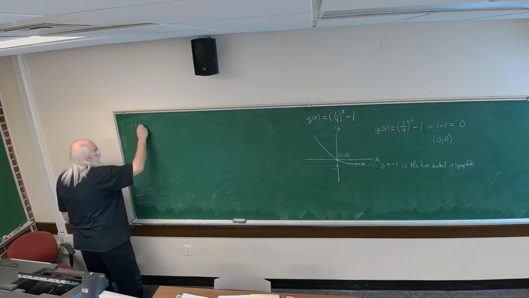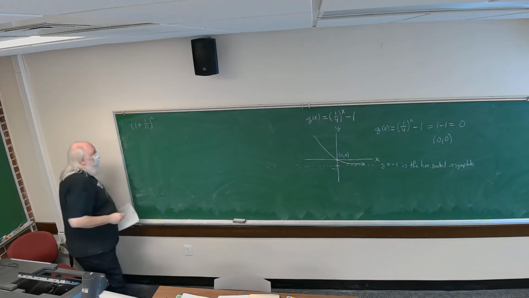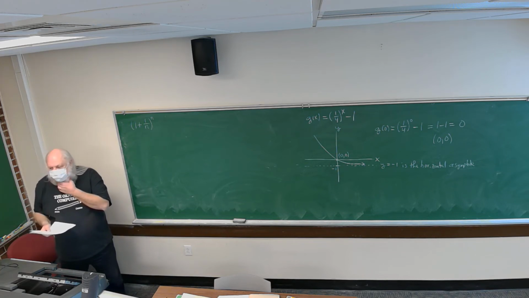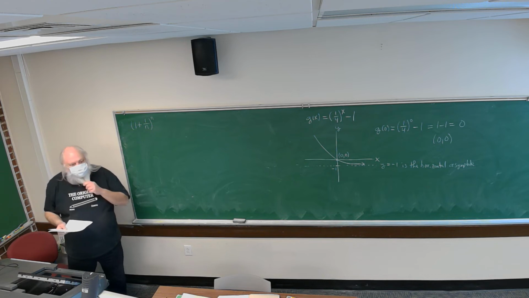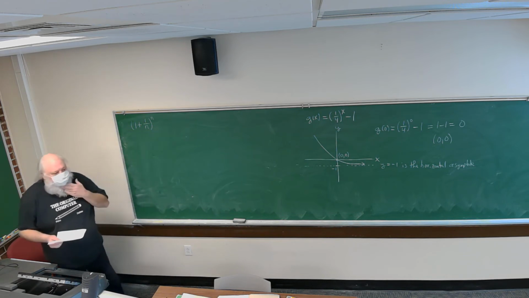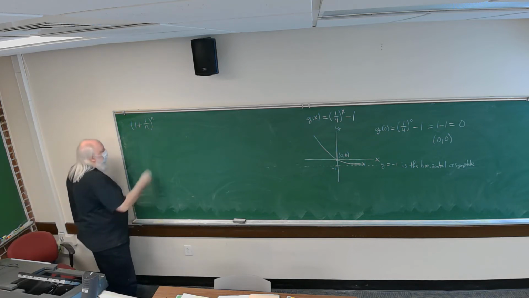So I have this sequence of numbers: (1 + 1/n)^n. Okay? Any of you work with sequences of numbers in high school? I can remember way back in the olden days, we worked with sequences of numbers. And so it's like creating a table of values.